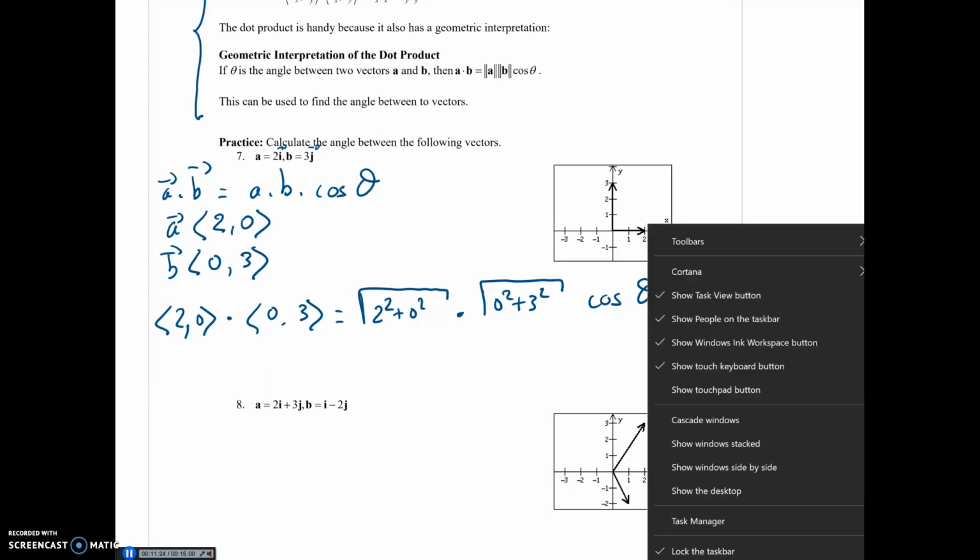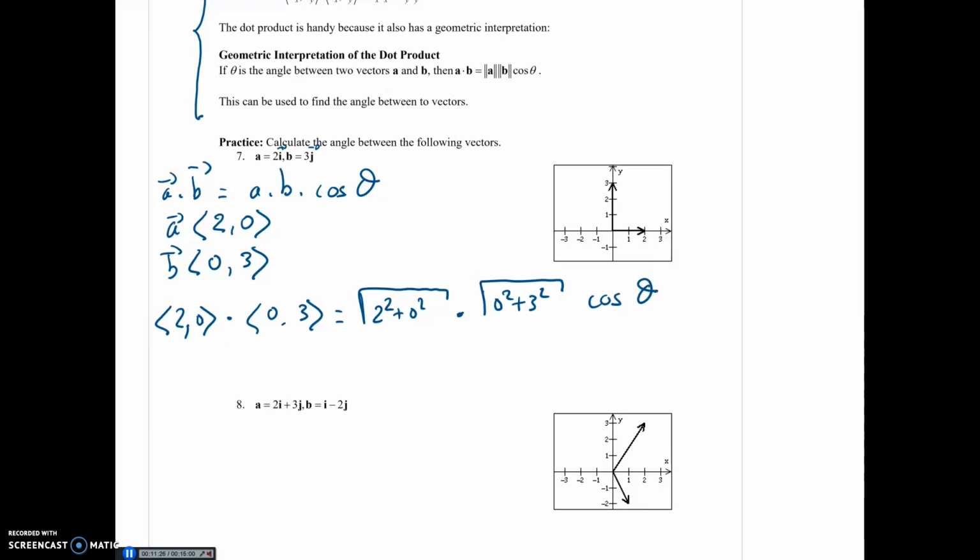And therefore, we end up with 2 multiplied by 3 cosine of the angle theta. When we are doing the multiplication, we end up with 0 right here, because basically we have 2 times 0 plus 0 times 3.